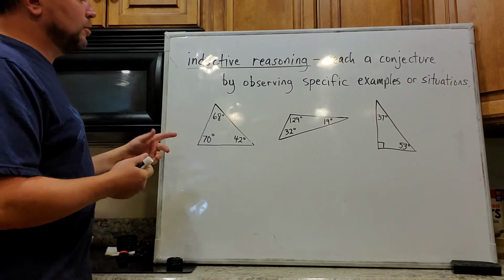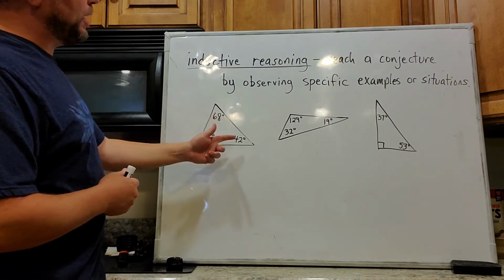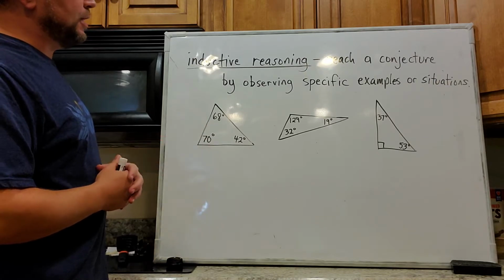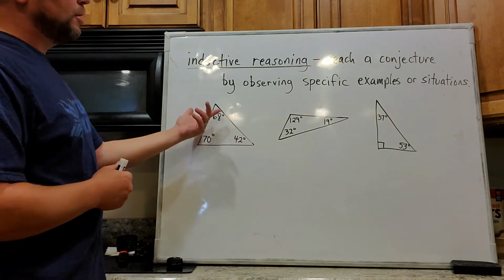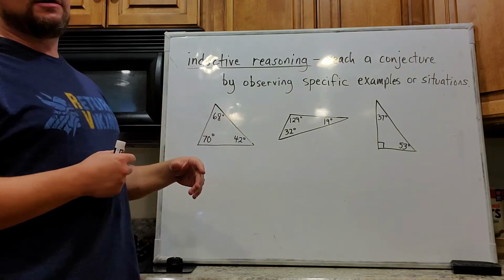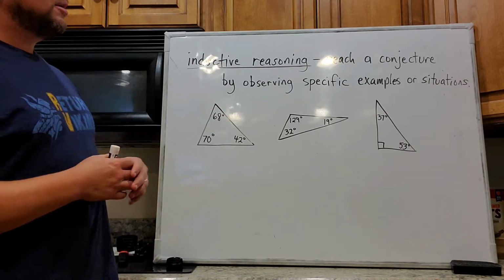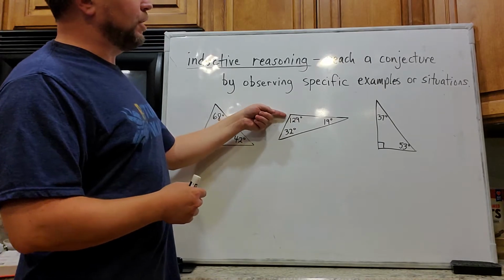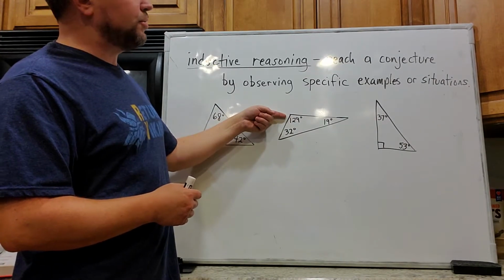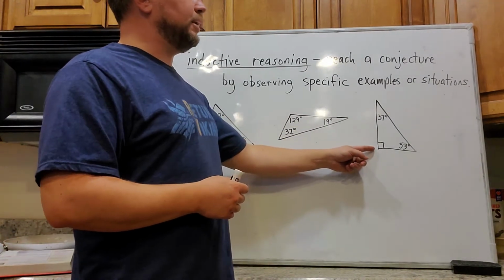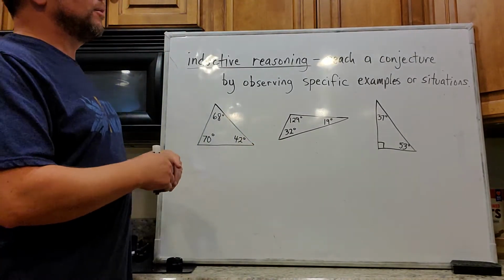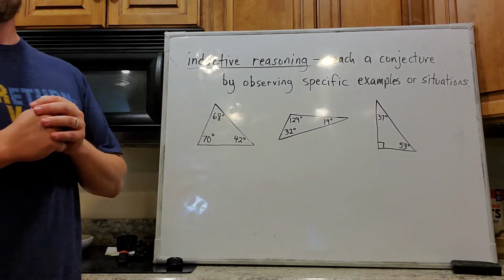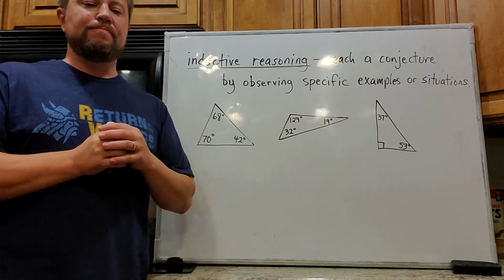The first thing I notice on my first triangle is that all my angles are less than 90, so they're all acute. So I might think, oh, hey, all triangles have nothing but acute angles. But when you get to this next one right here, acute, acute, oh, that one right there is obtuse. And even over here, this one's 90 degrees. So I already know that's going to be a false conjecture. So I don't want to go with that one.